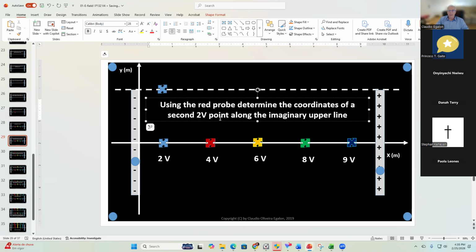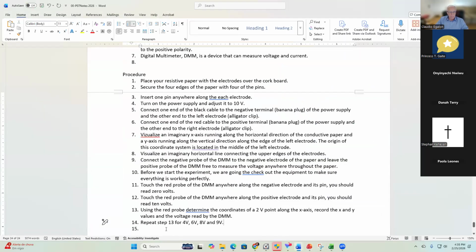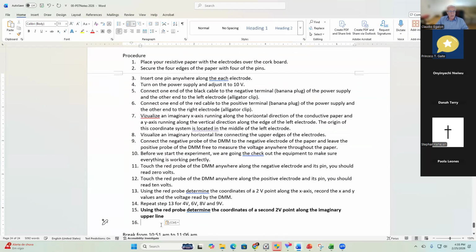Okay? So let's copy that and paste that in. Using the red probe, determine the coordinates of a 2-volt point along the imaginary upper line.